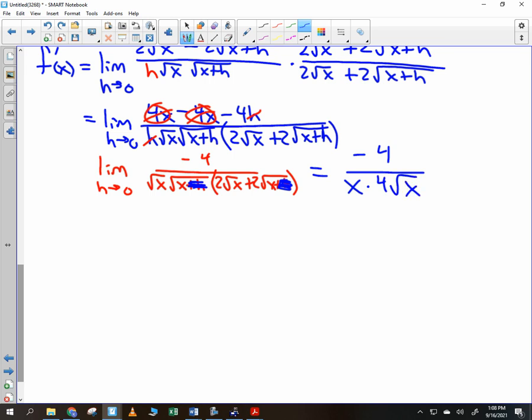Wait, if it's 2 roots of x, is it 4x, or do you still have to keep the square root? You still have to keep the square root. Yep. Okay. And how does that simplify? Nice job.